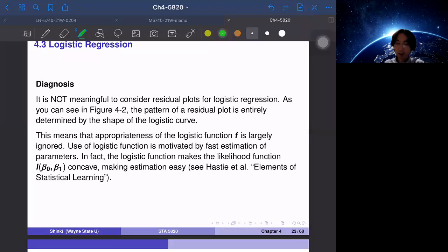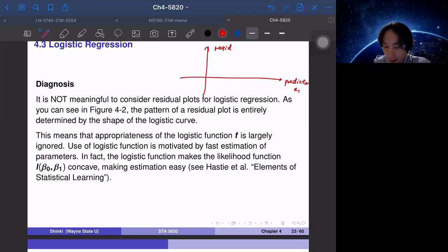Diagnostics. In linear regression, remember that we have the residual plot, with the residual against the predictor, maybe X1 or each predictor. Sometimes fitted values are used, but I think the predictor is better.